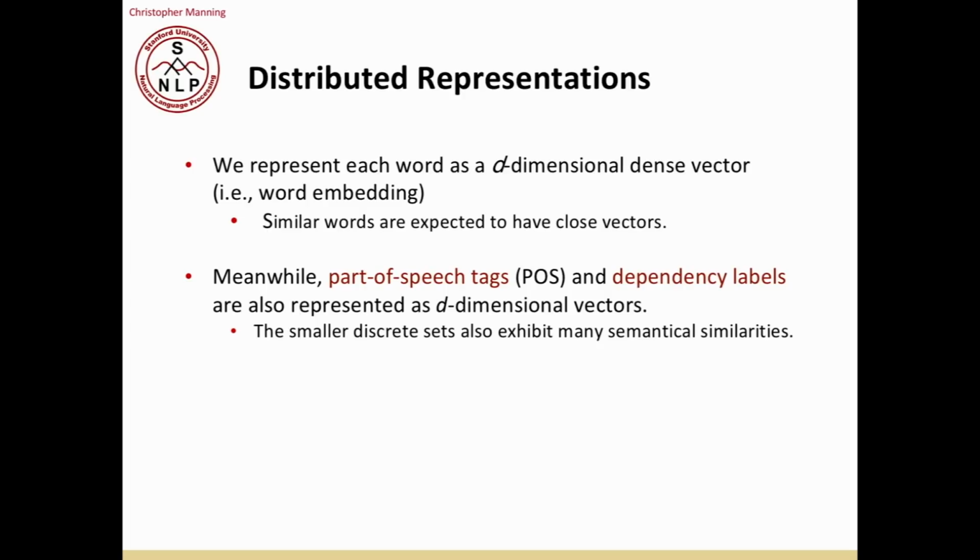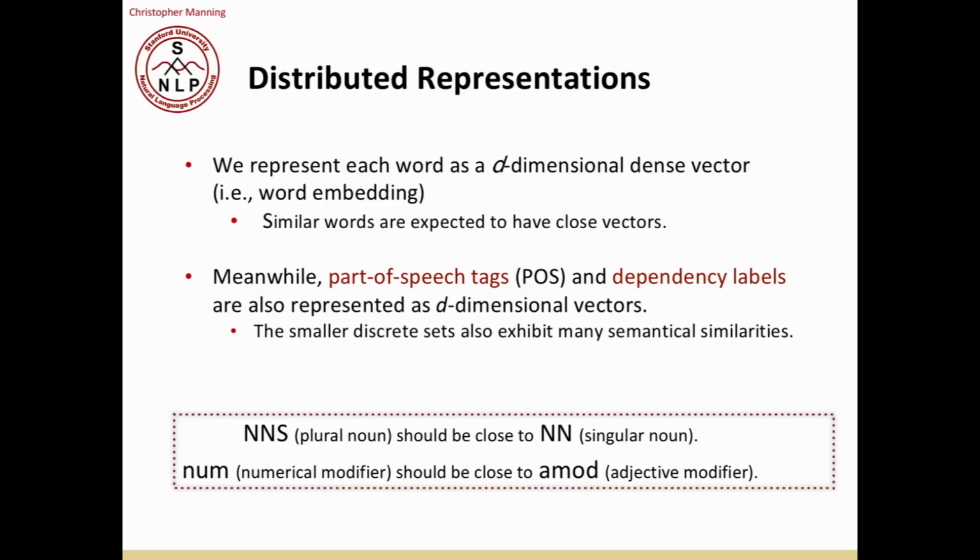So we had parts of speech, like nouns and verbs and adjectives and so on. Well, some of those parts of speech have more to do with each other than others. I mean, in particular, most NLP work uses fine-grained parts of speech. So you don't only have a part of speech like noun or verb. You have parts of speech like singular noun versus plural noun.